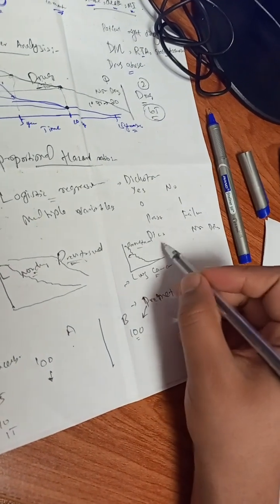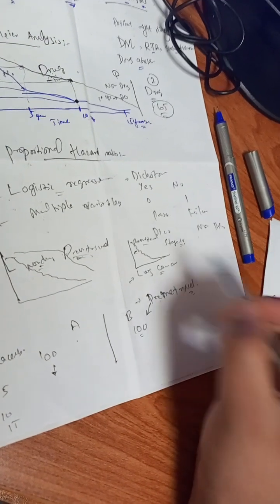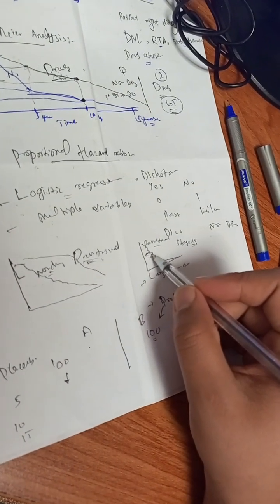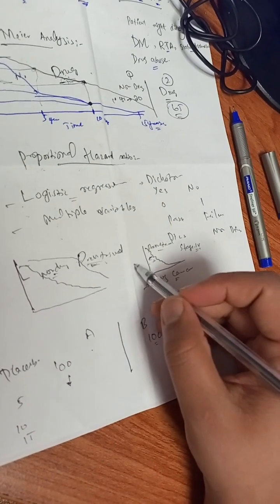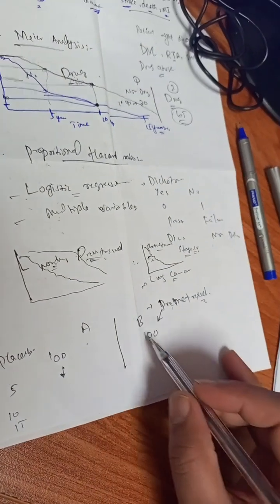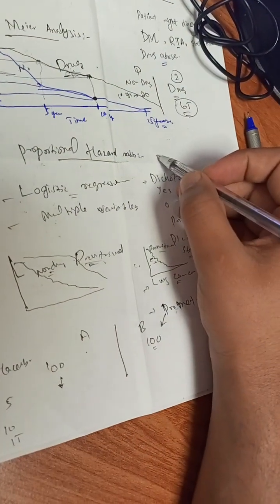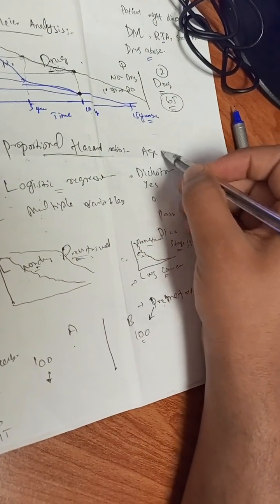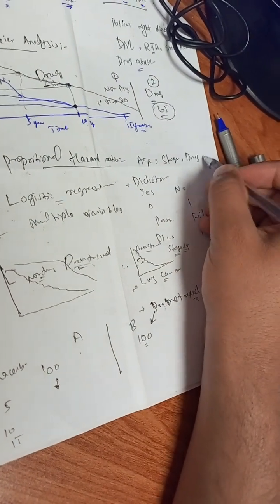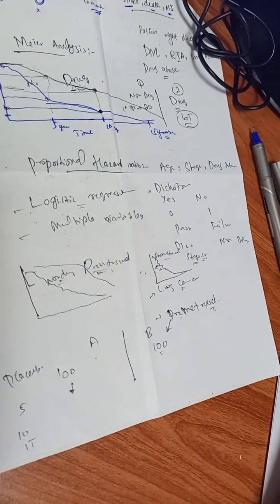We see this because the second variable we have taken is the stage of disease, so stage 4 patients will have the curve closer to the x-axis, right? It means their survival rate will also be low. But if we take another variable, like in Cox proportional hazard ratio, we take multiple variables: age, stage of disease, drug intervention, and other variables as well.